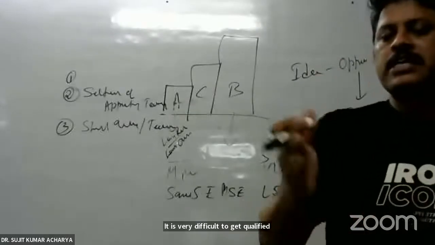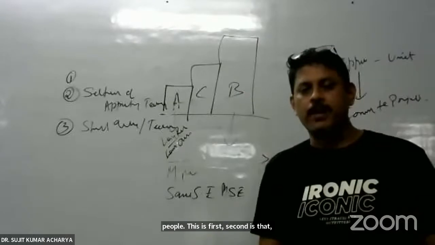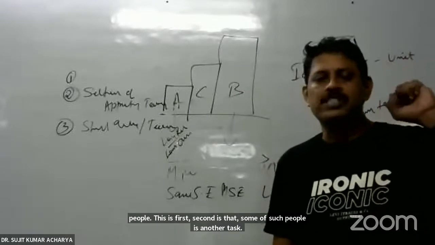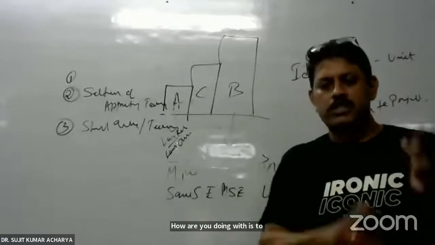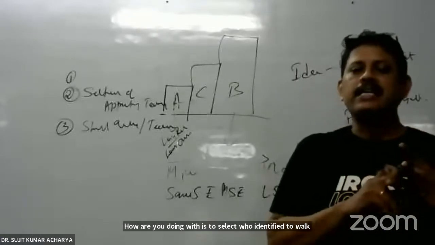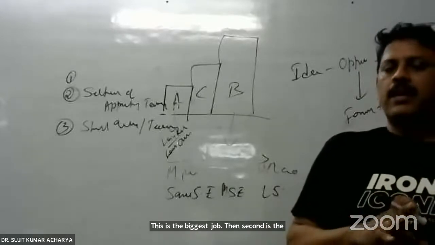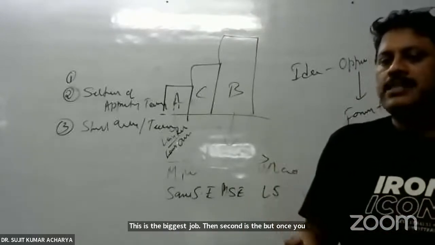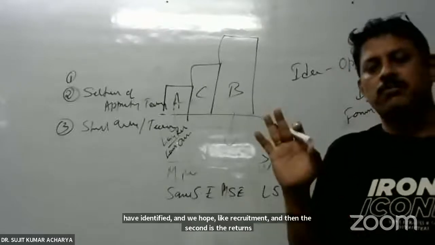This is the first. The second is the retention of such people. Are you getting the point? One is to select, identify and put them to work. This is the biggest job. Second, once you have identified and recruited them, is retention. Retention is a very tension job.